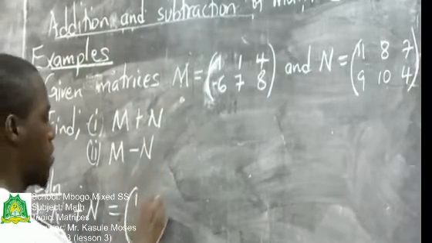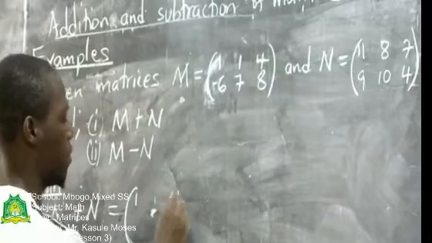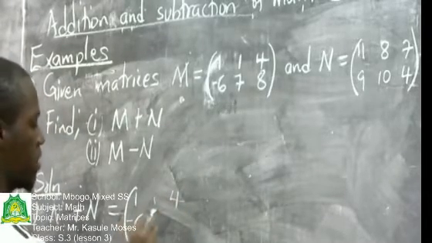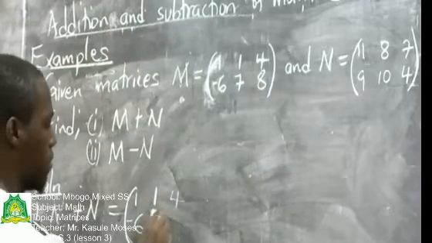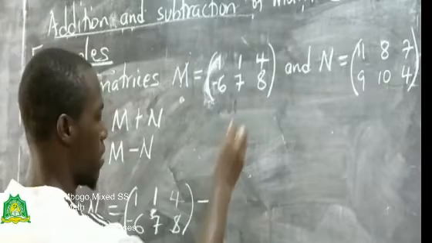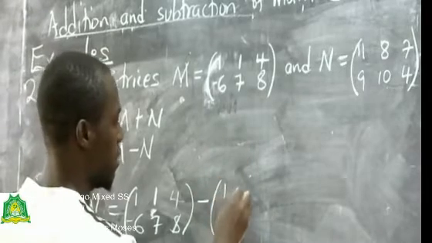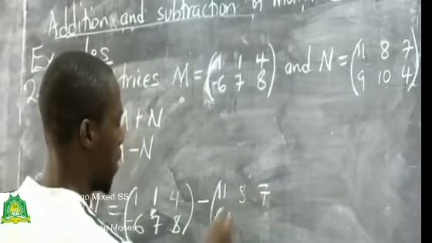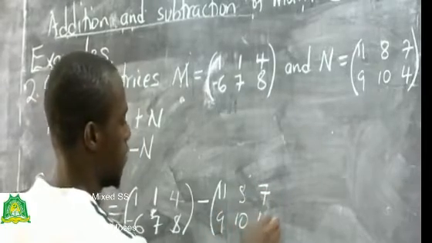That is 1, 1, 4, negative 6, 7, 8, then plus matrix N, which is 11, 8, 7, 9, 10, 4.